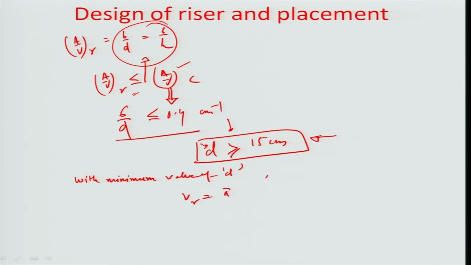the volume of the riser simply becomes pi by 4 d square h, or in this particular case pi by 4 d cube, which is 2650 centimeter cube.